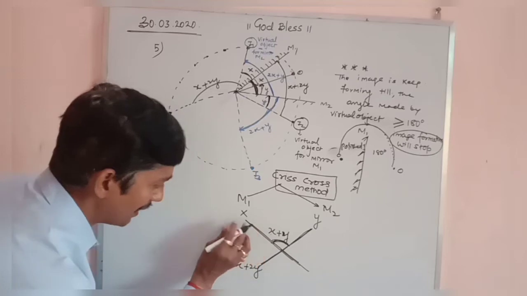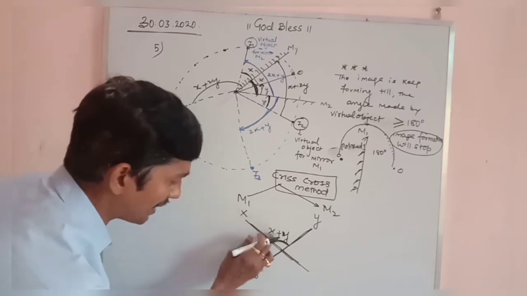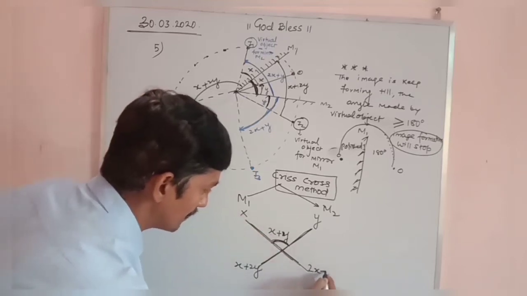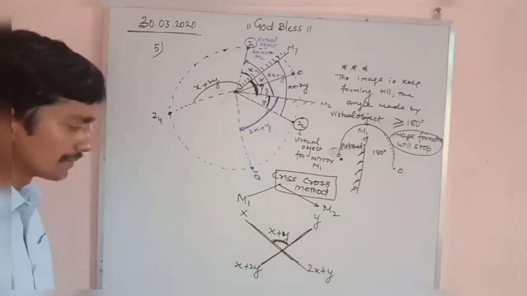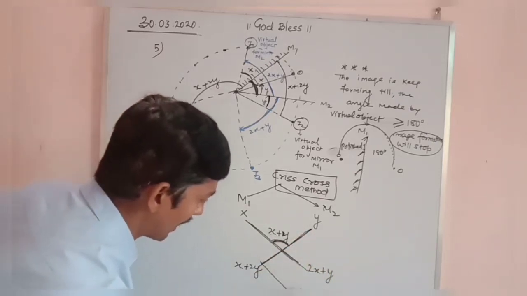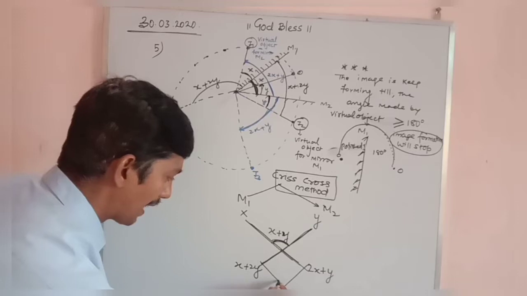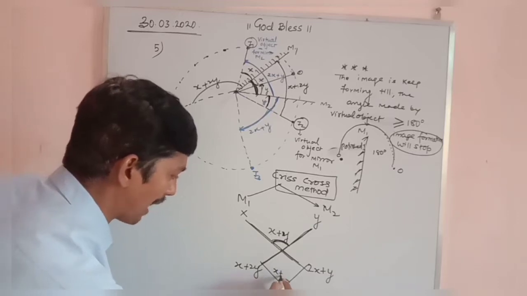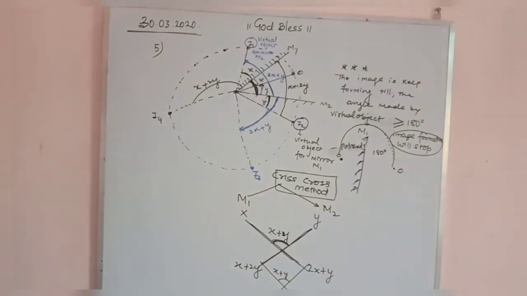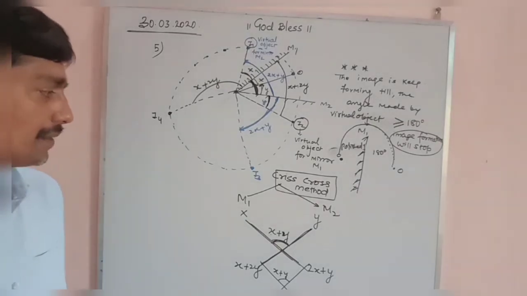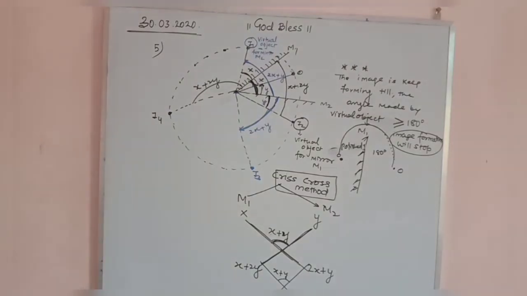Similarly over here, this is X, 2X plus Y. Now again I will go further. Again the angle between them is X plus Y. Right? So now what will happen here?